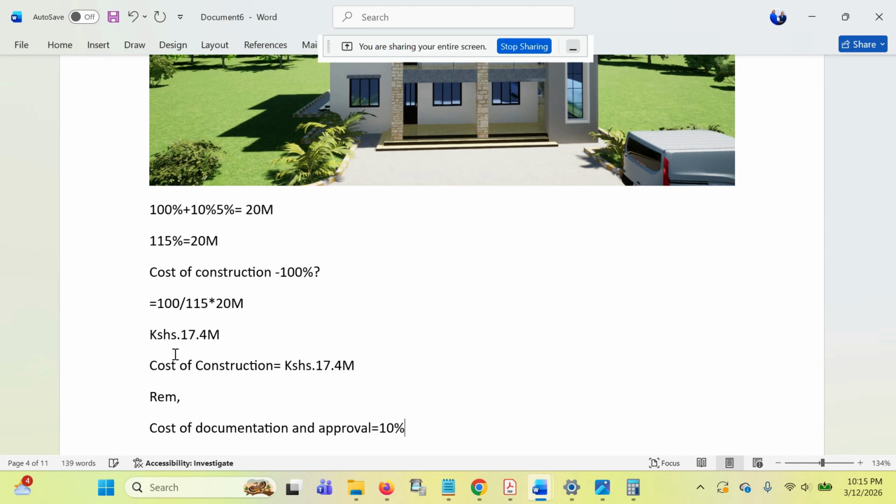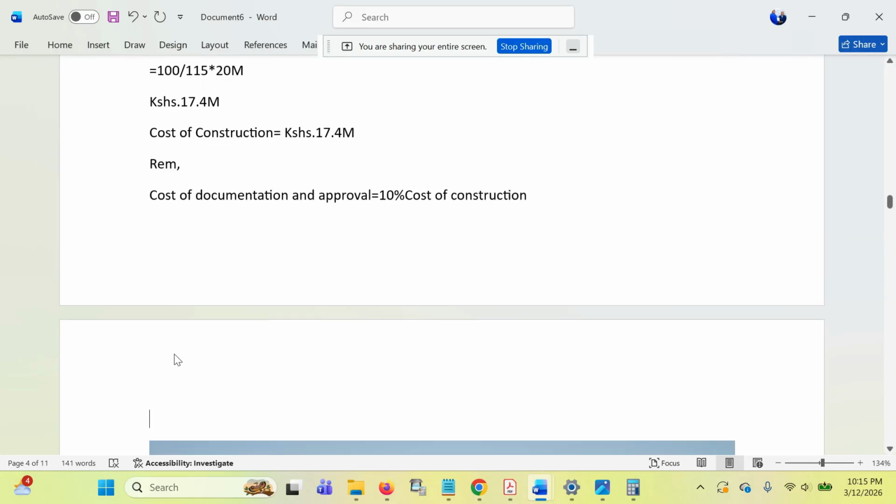Now remember, cost of documentation and approval was 10% of cost of construction. So what does that mean?